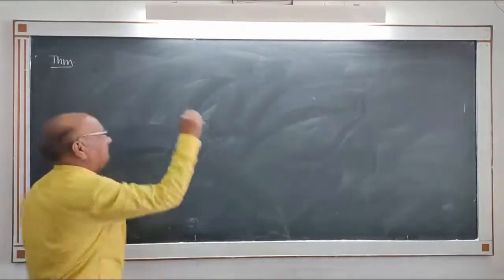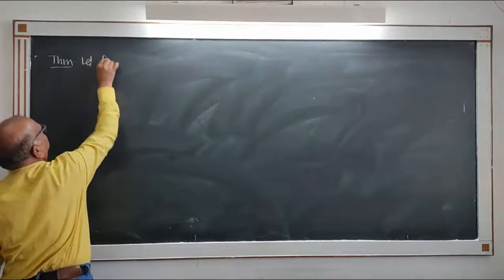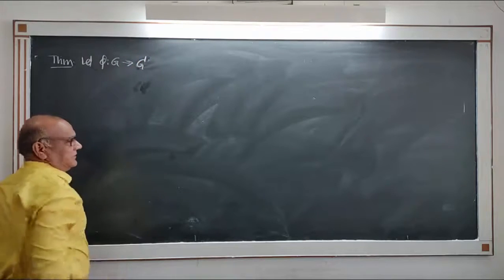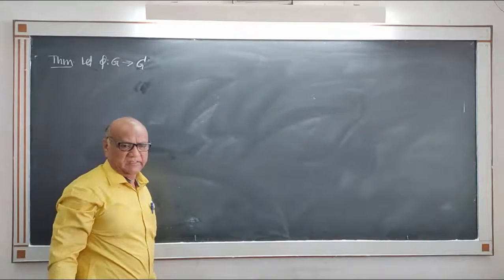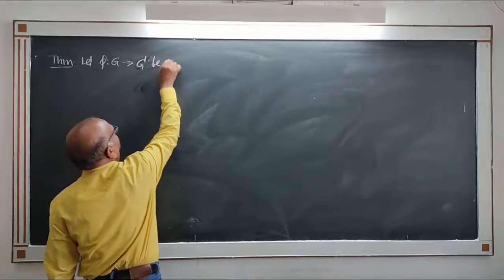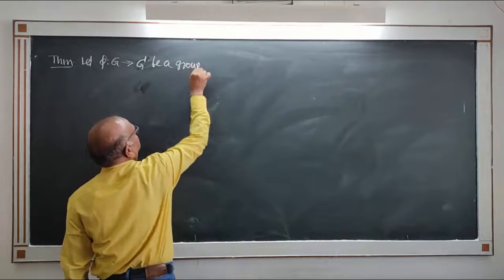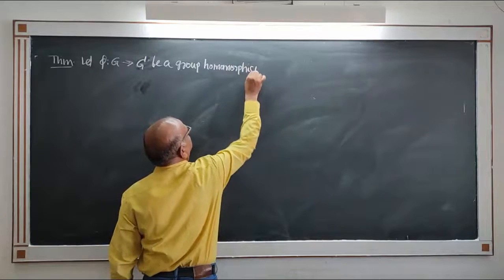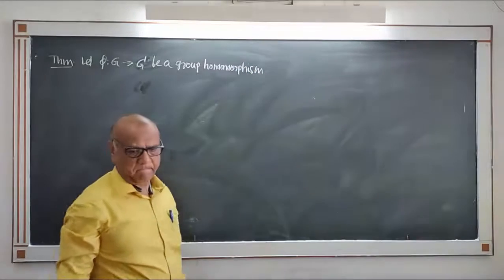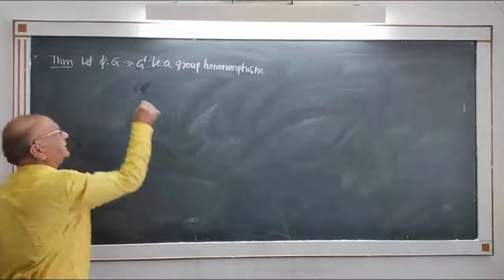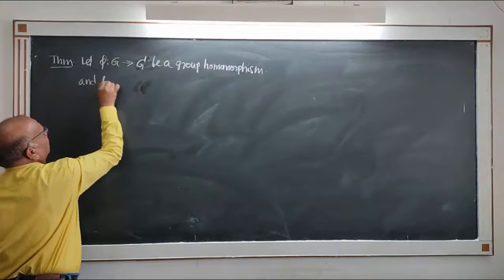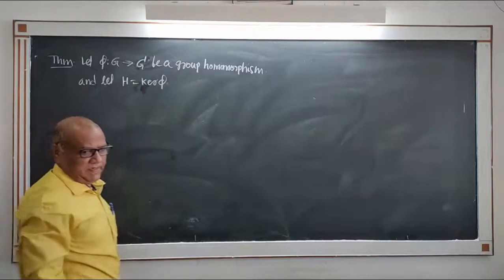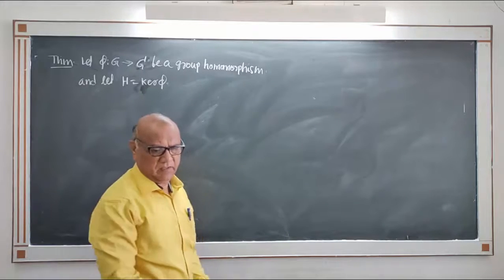Let phi be a map from G to G dash, a group homomorphism, and let H be equal to kernel phi.